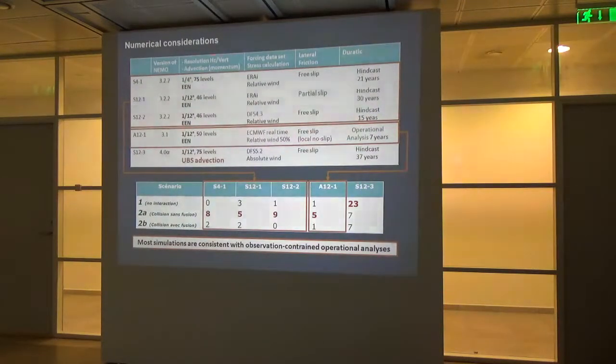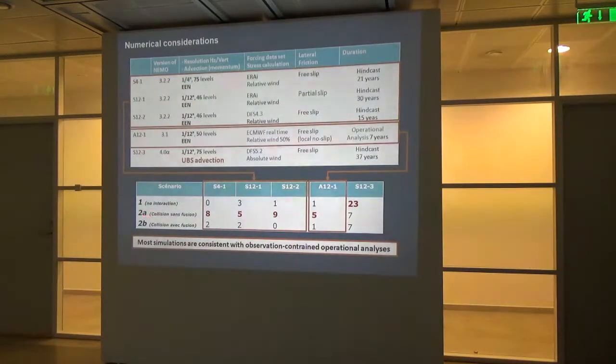So now let's go to the numerical consideration. I took again the 1, 2, 3, 5 simulation versions of NEMO, and I outlined this. If I take those 3 simulations and the analysis from the operational center, I can see that they are all more or less consistent.